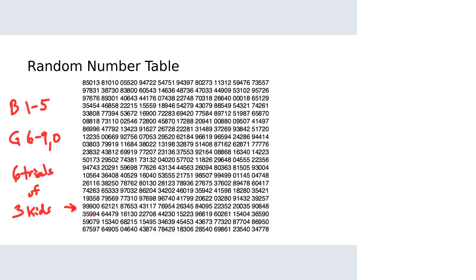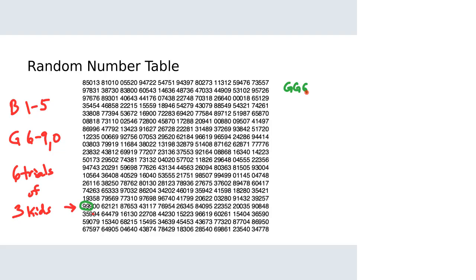And then again with the 1. What I meant by looking at these in groups of 3 is I'm going to look at these first 3 numbers right here at one time. That's my first trial. It's 9, 9, 9. So that first trial there is girl, girl, girl.